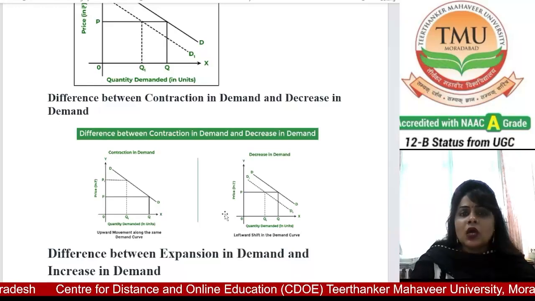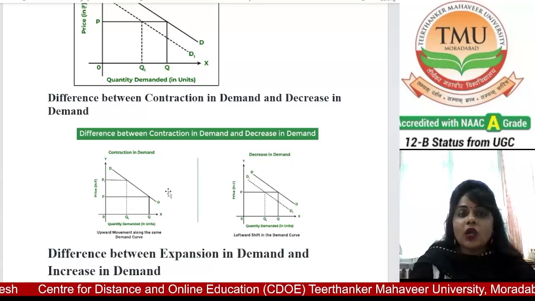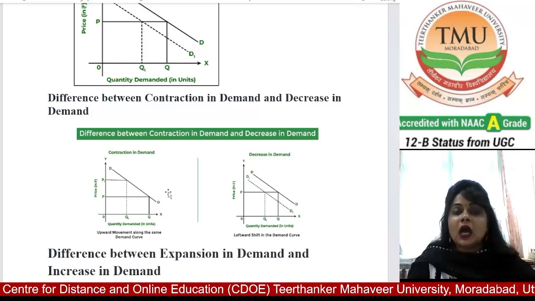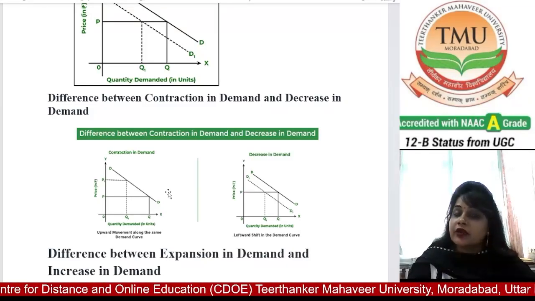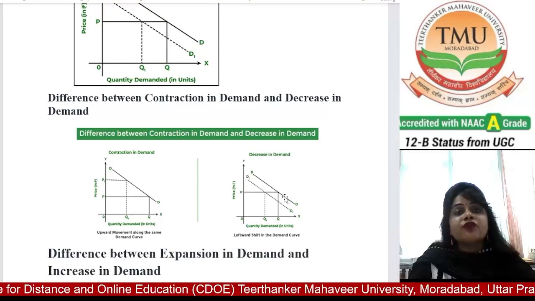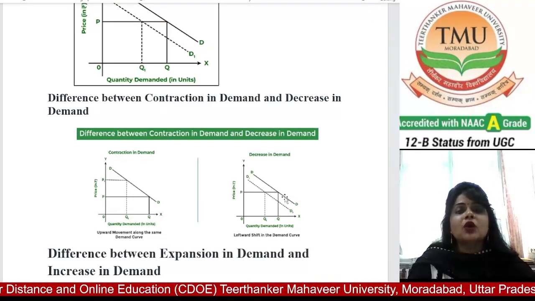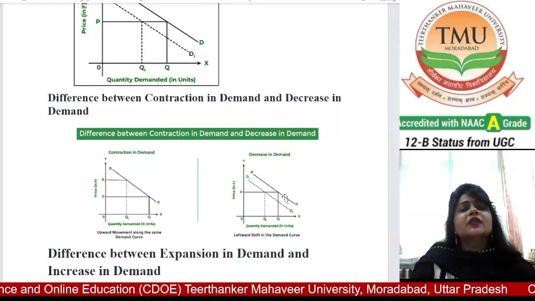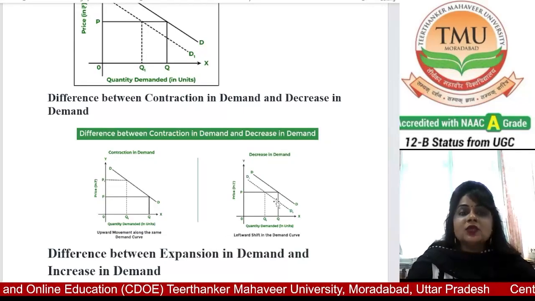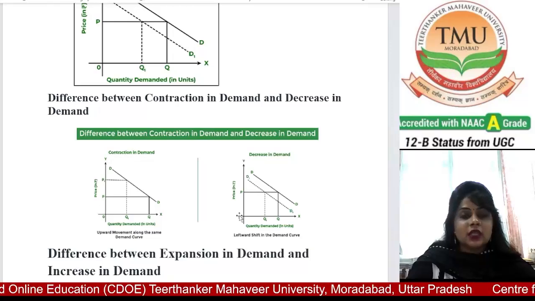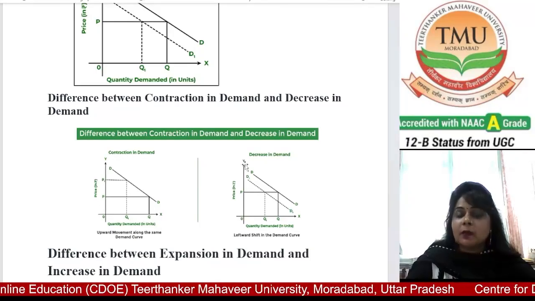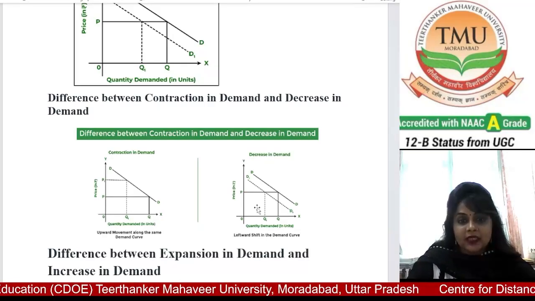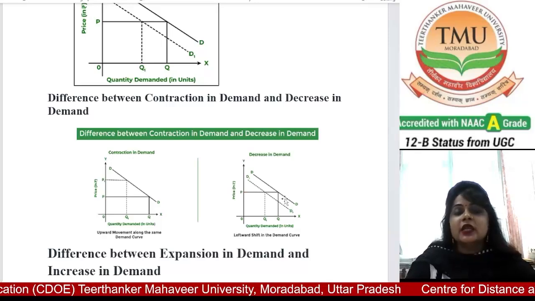In contraction of demand, you can see a fall in the quantity demanded of a commodity because of an increase in its price, keeping other factors constant. While in decrease in demand, there is a fall in quantity demanded of a commodity because of any other factor, while the price of the commodity remains the same as before, with no change in the price. So it is known as decrease in demand.